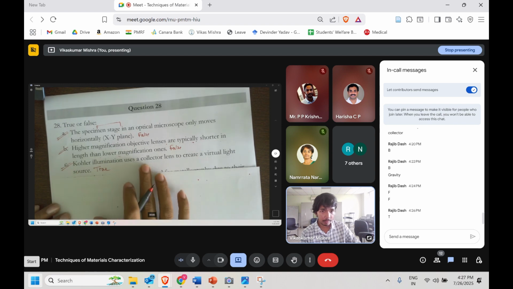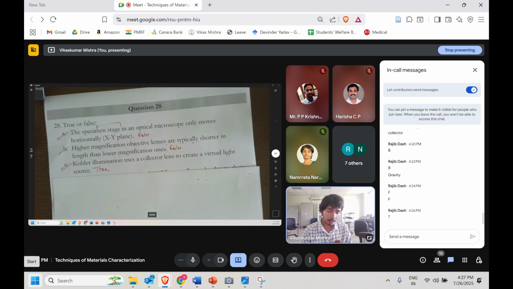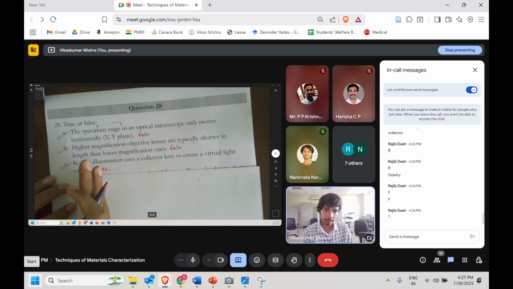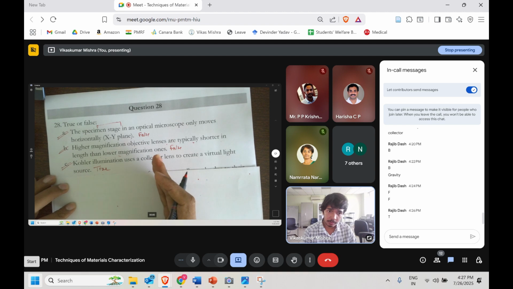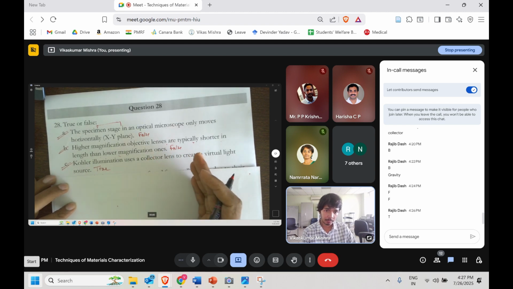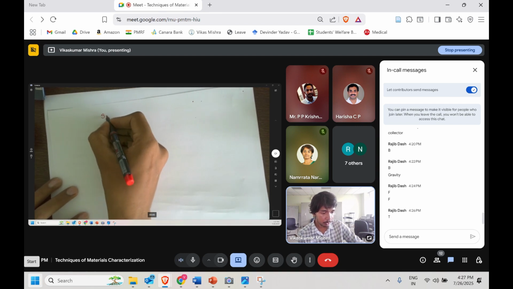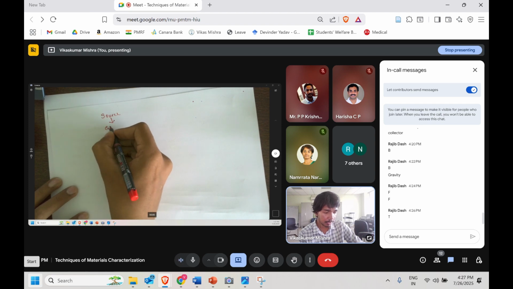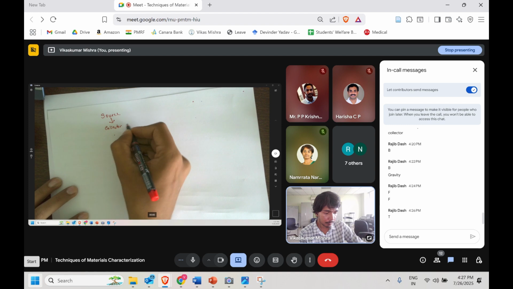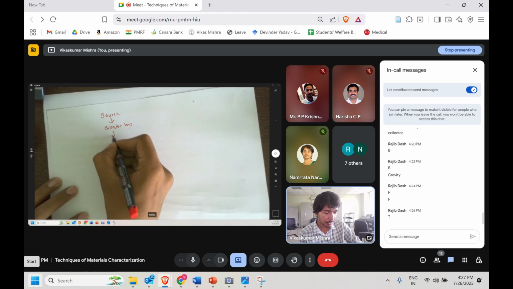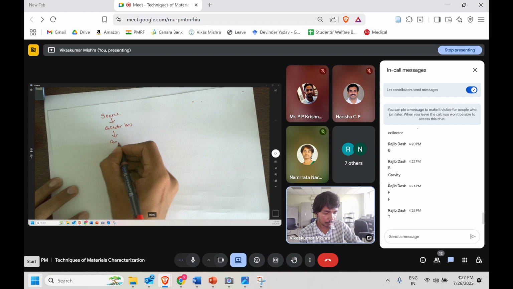If we see the optics, how the things are placed, first comes our source, then the collector lens, after that the condenser lens, then it will go to the specimen, then from the specimen it will go to the objective lens, and from the objective lens it will go to the eyepiece. If we write it down entirely, from the source the light comes, from here it goes to the collector lens, from there it goes to the condenser lens.